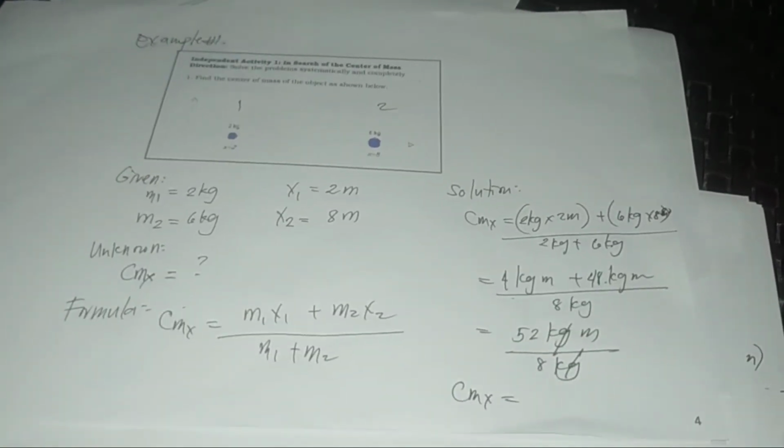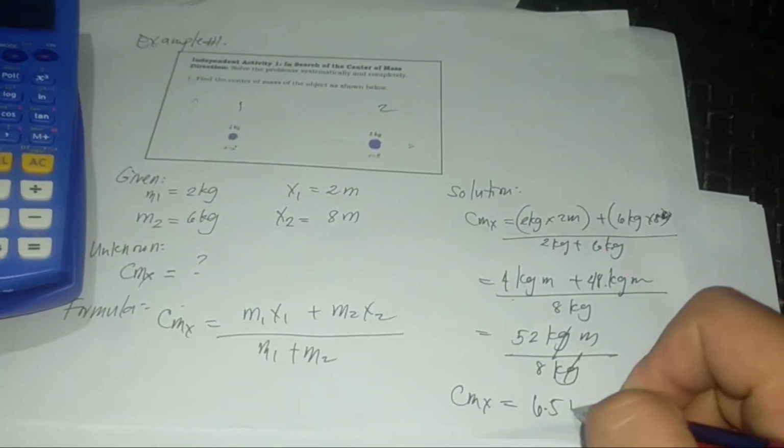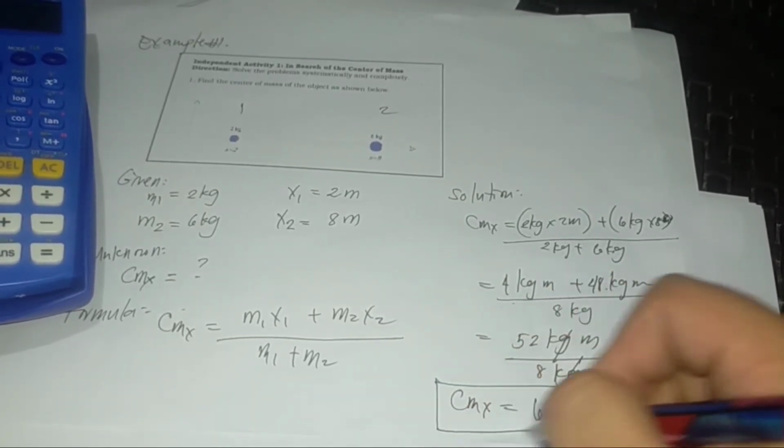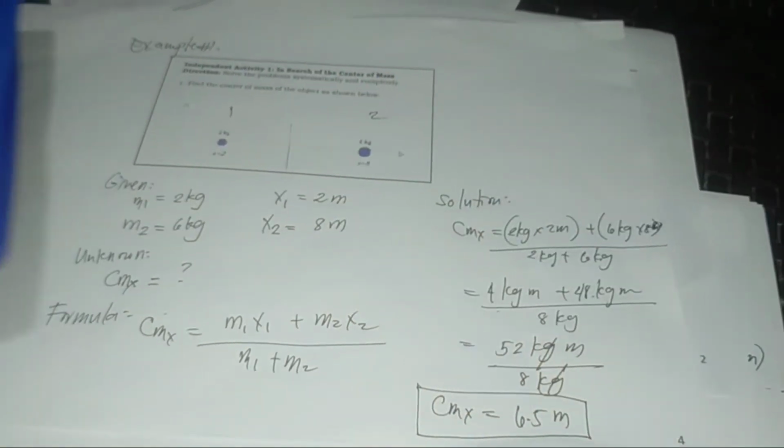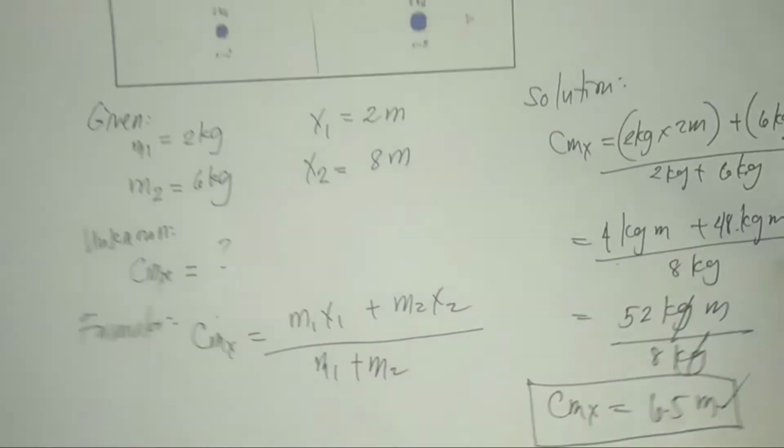CMx is 52 divided by 8, which is 6.5 meters. So the center of mass is in this portion, 6.5 meters. That is our example number 1.